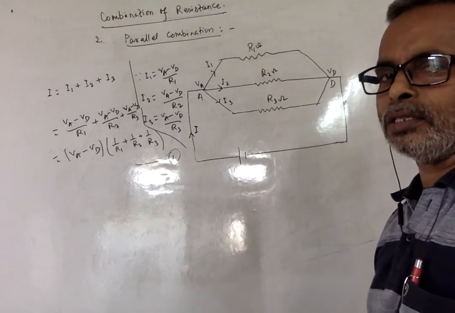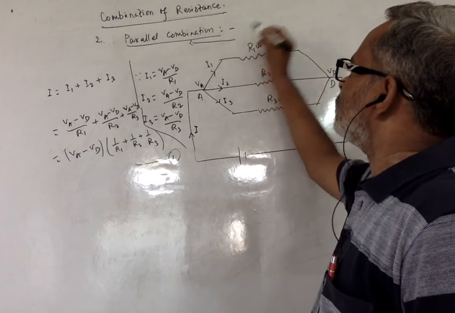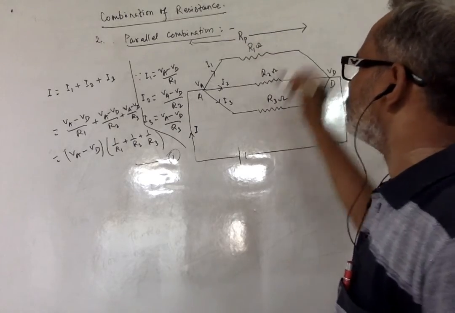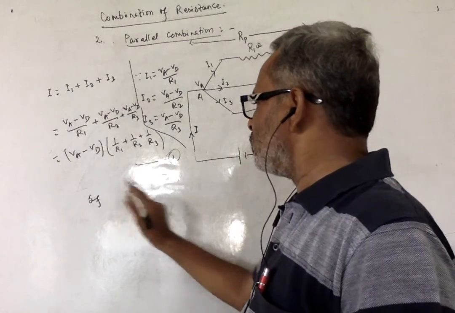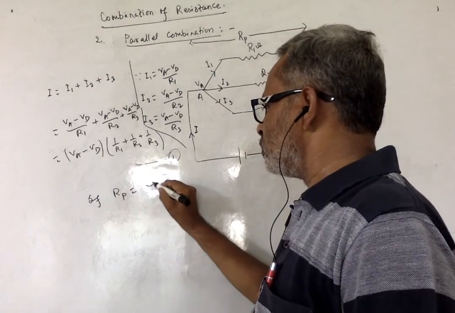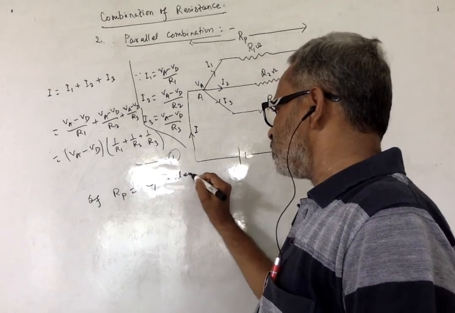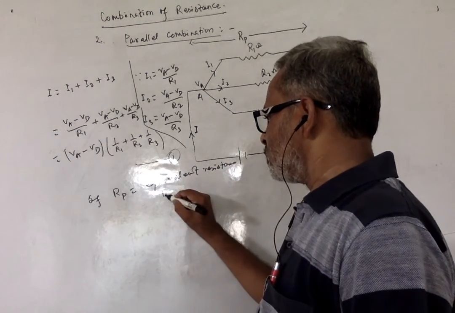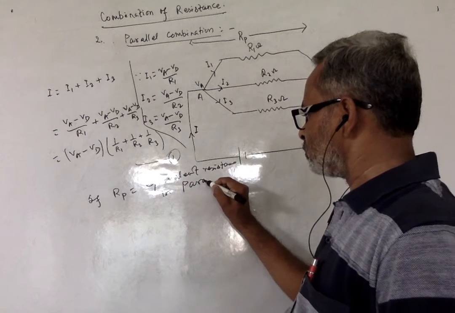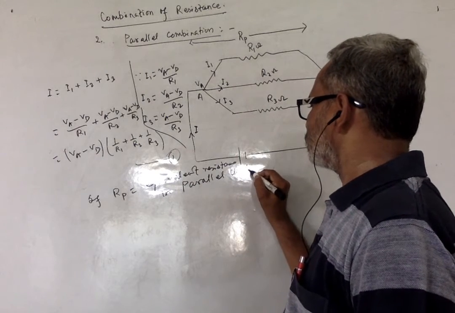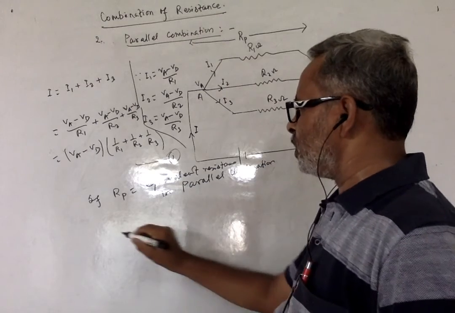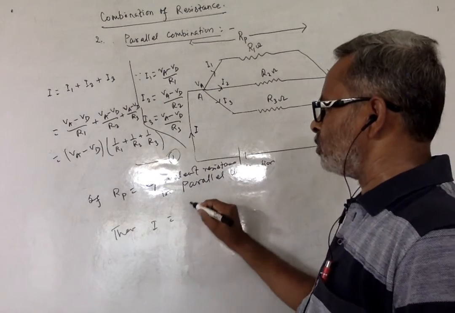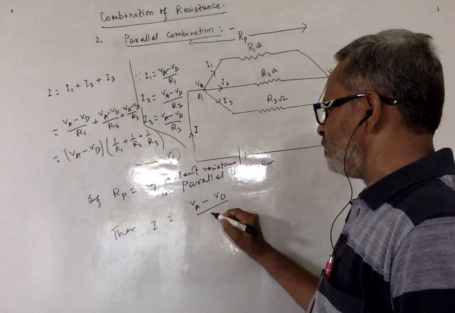If equivalent resistance of all three resistors is Rp, then current flowing through this equivalent resistance I equal to VA minus VD by Rp.